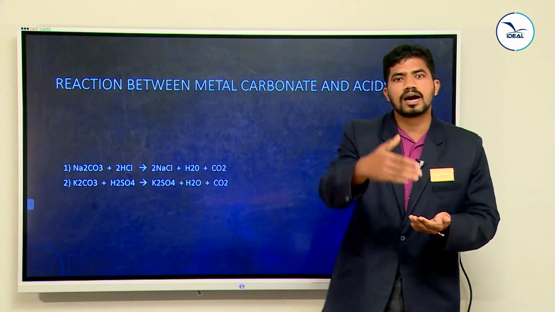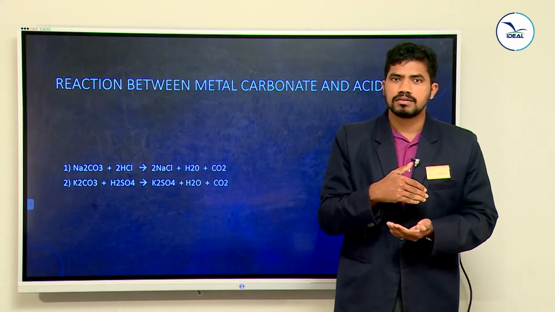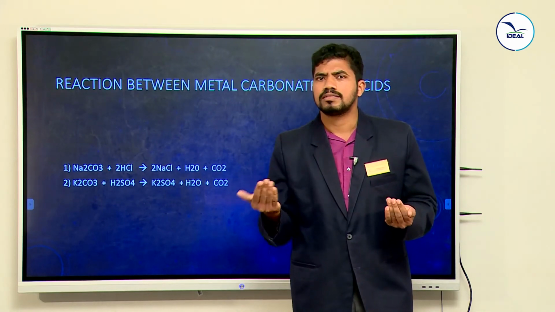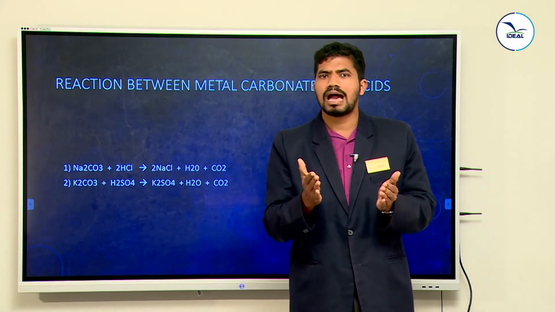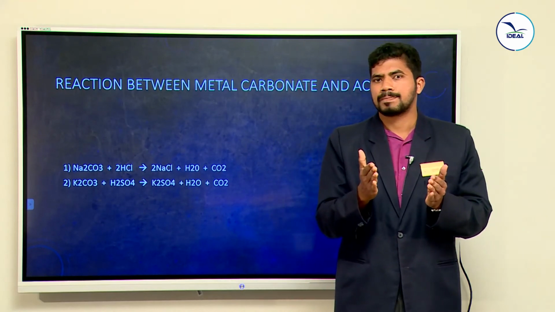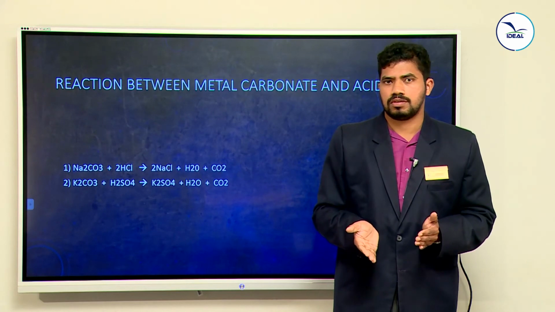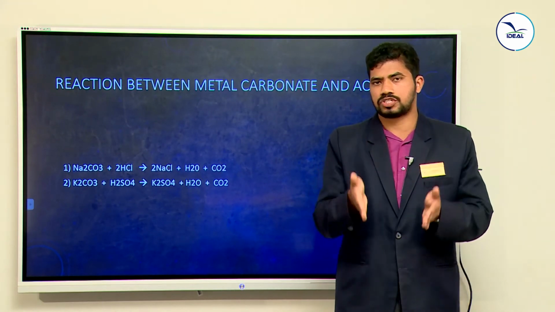If you pass the carbon dioxide to lime water, which we are taking in a test tube, what will happen? That carbon dioxide and lime water will combine together and you will get a milky appearance in that mixture.